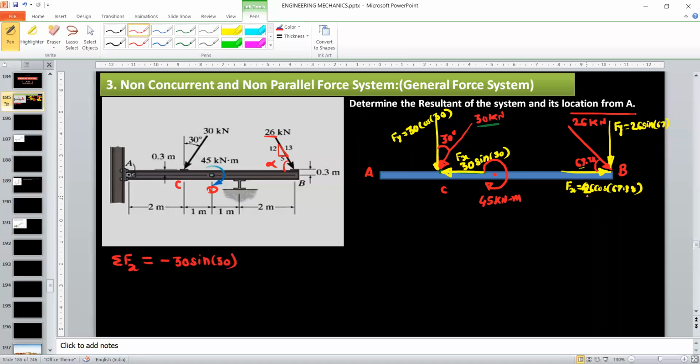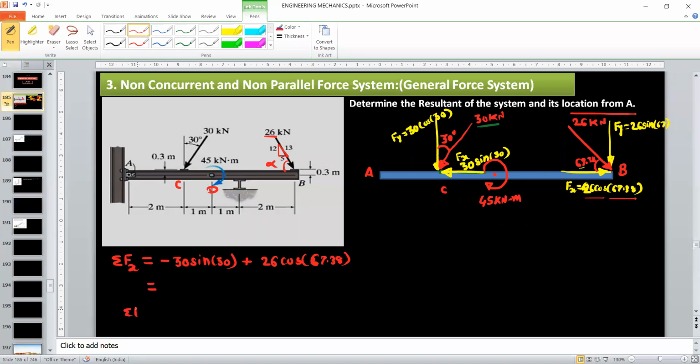Next force is 26 cos 67.38 and it is positive, so plus 26 cos 67.38. Only two components in the x direction, so take the addition of these two forces and get the value of summation Fx.